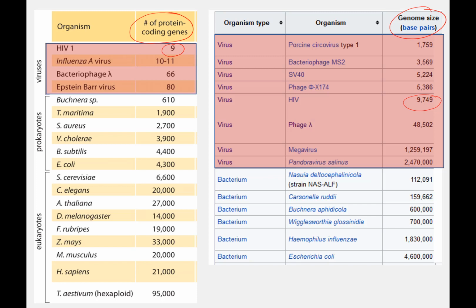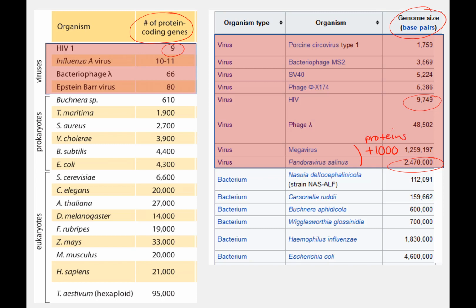As compared to some larger viruses, like these Pandora viruses, which have almost 2.5 million base pairs of genetic information, and these actually encode over 1,000 proteins.